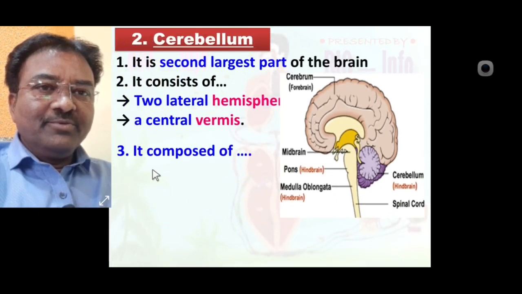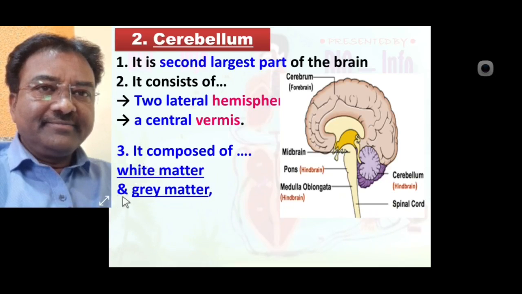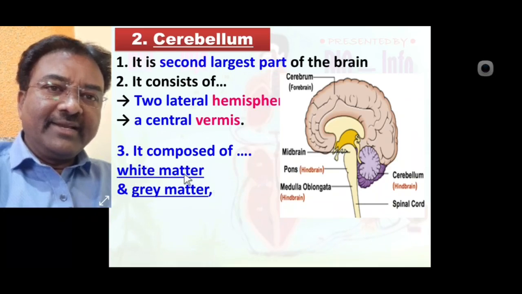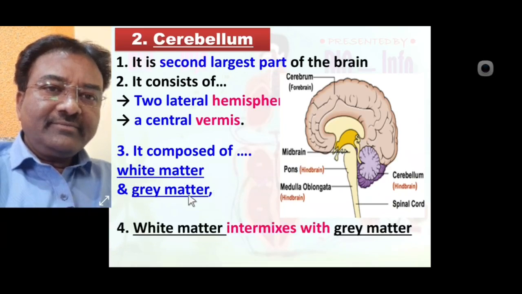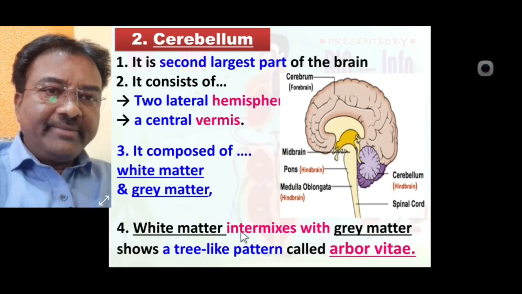It is composed of white matter and grey matter. White matter intermixes with grey matter and shows a tree-like pattern called arborvitae.